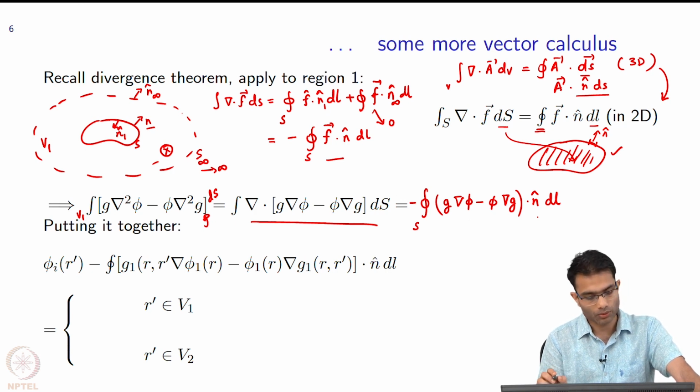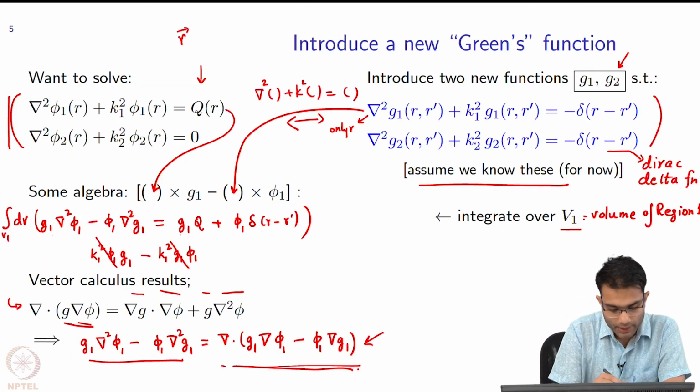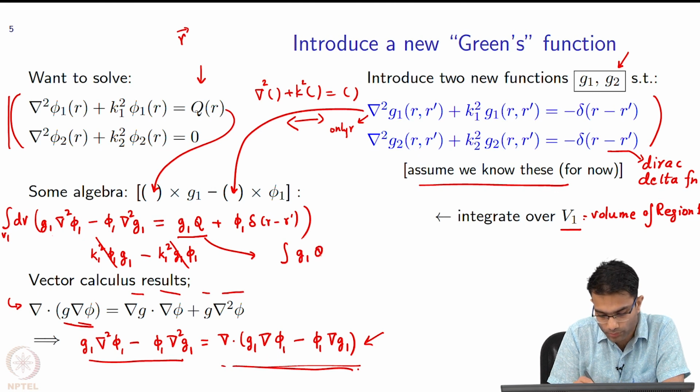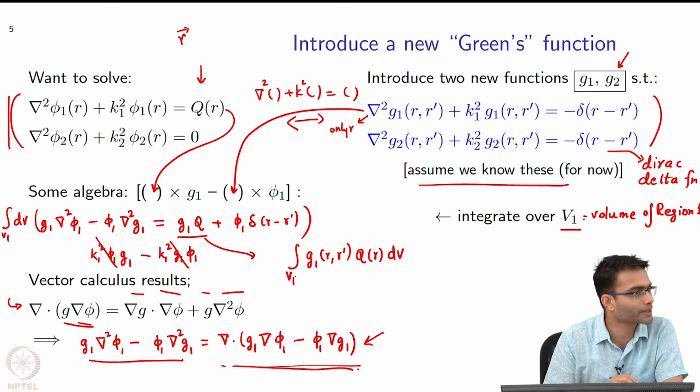Now, if I go back to this equation, this also was going to get integrated with respect to volume, right. So, this was G1(r, r') Q(r) dV over V1, that was what the volume integration was.